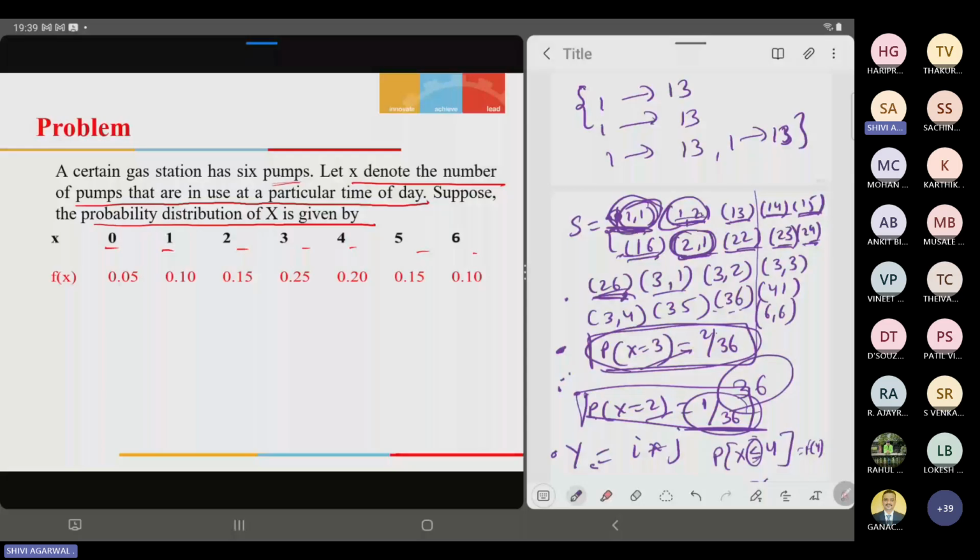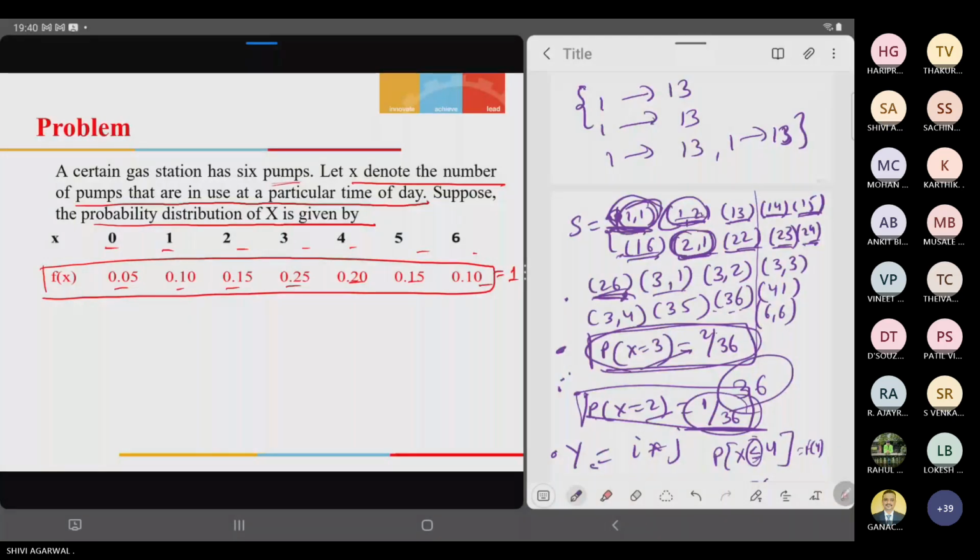The probability density function is already given. So what you can verify is, is it a probability density function or not? How can you do it? All values are greater than or equal to 0, and when we take the summation, it should be equal to 1. Clear? This is a probability density function, a probability distribution. Now the question is, find the probability that at most 2 pumps are in use.